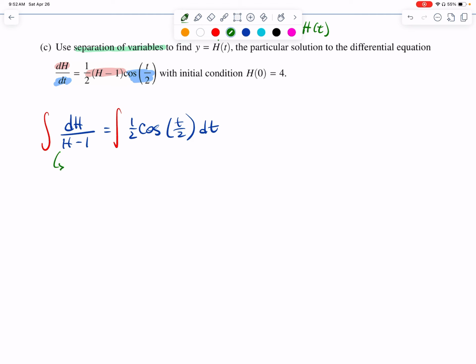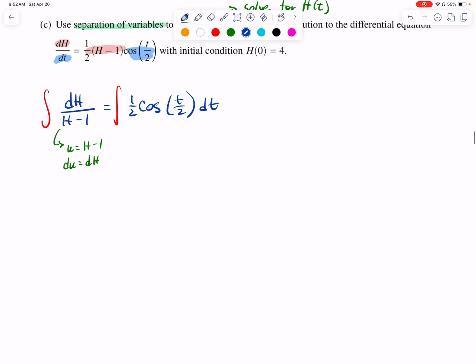Over here, you have a composite function where u is equal to h minus 1, but your du is equal to dh, so there's really nothing to fix. And on this side, that means that my antiderivative, that's the natural log, it's du over u form, so it's the natural log of the absolute value of h minus 1.